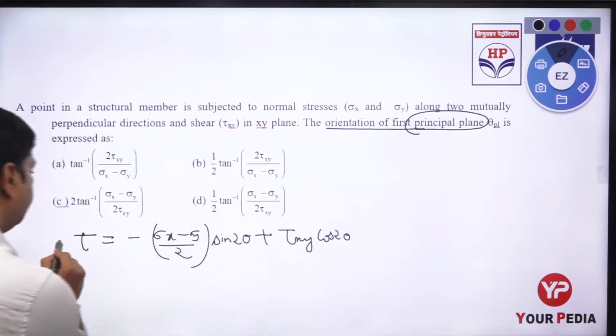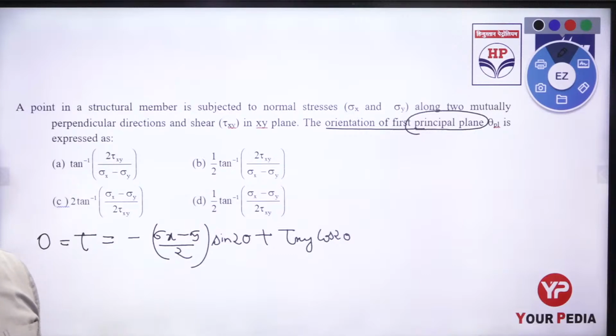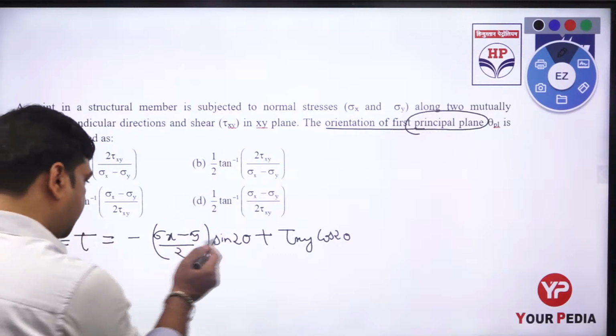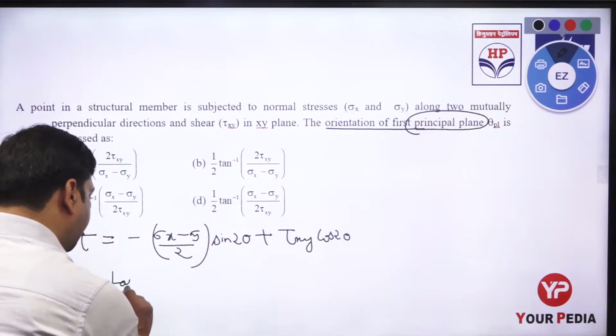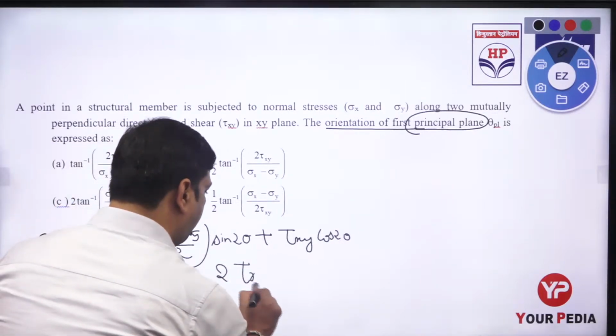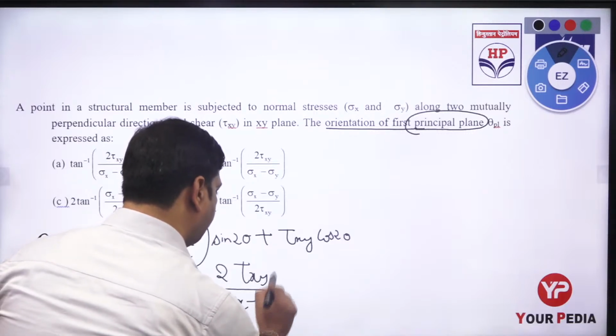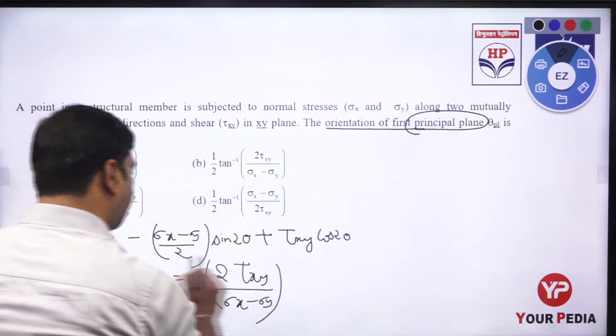If this is equal to 0 in a plane, the plane is a principal plane. So from here we find tan 2 theta equals 2 tau xy upon sigma x minus sigma y.